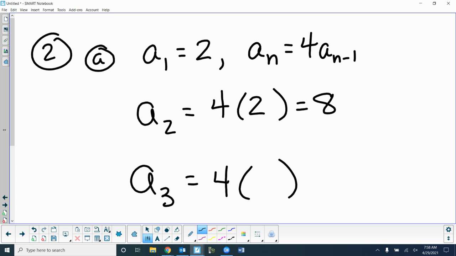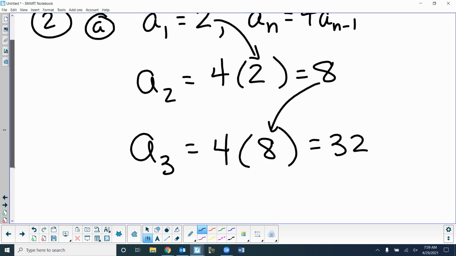So what do I put in the parentheses? The 8, right? So the 2 goes there, and then the 8 goes there. If I had to find the fourth, I'd go 4 times 32. Are we understanding that? That's what's called a recursive formula, recursive rule or sequence.